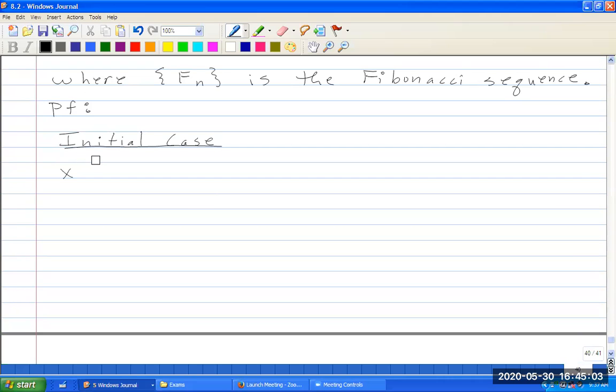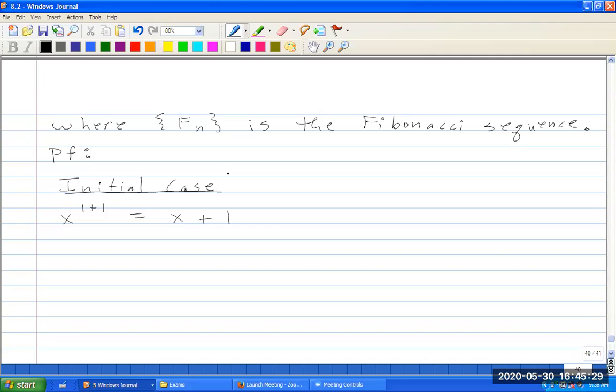So x to the 1 plus 1 is just equal to x squared, okay?